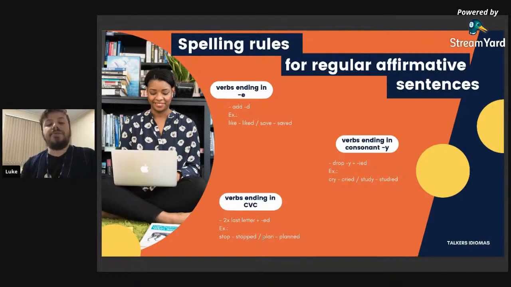The same happens with the verb plan. You have consonant L, A, which is a vowel, and then N, which is a consonant again. And then we double the last letter. In this case, the last letter of the base form is N.